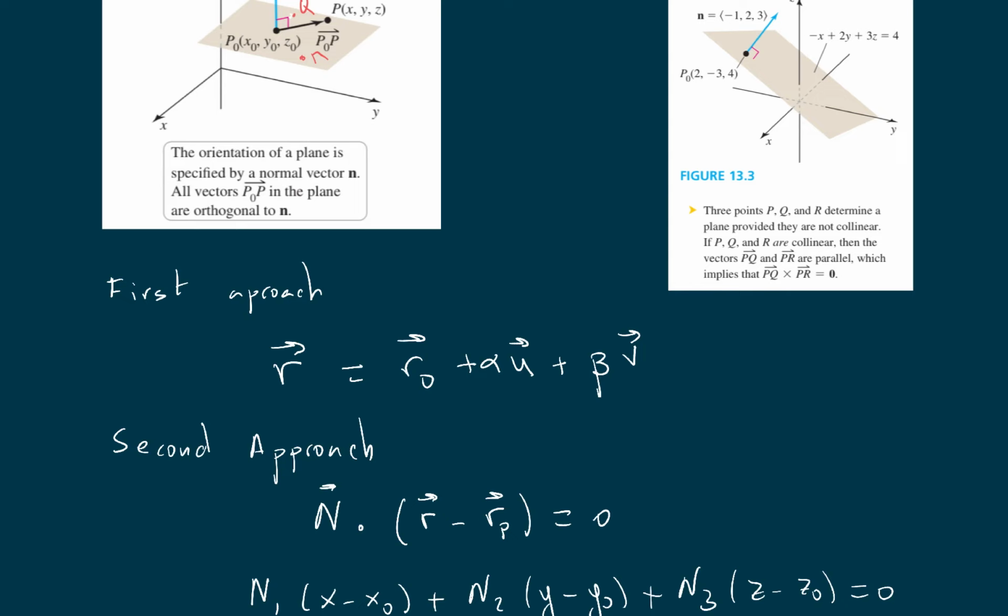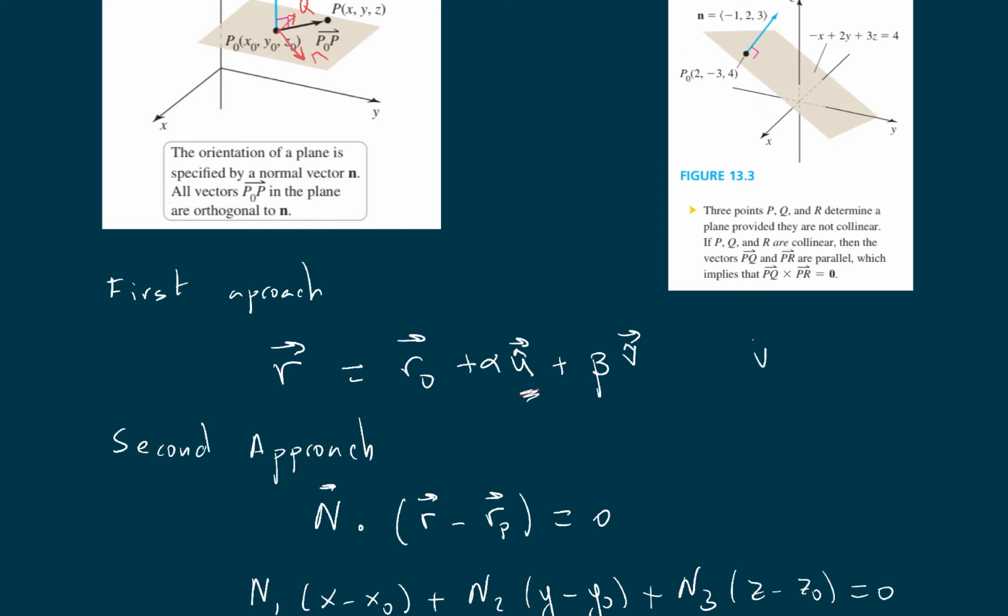And for sure you know how to find PQ. And for sure you know how to find PR. And for sure you know how to find U, the unitary vector in the direction of PQ. And the vector V is the unitary vector in the direction of PR.